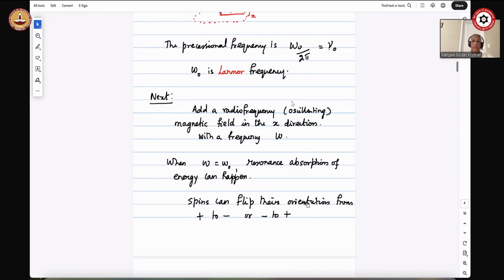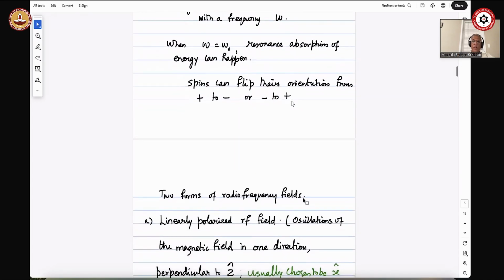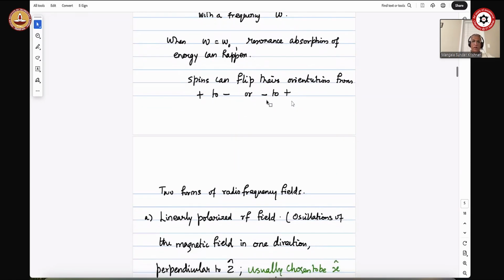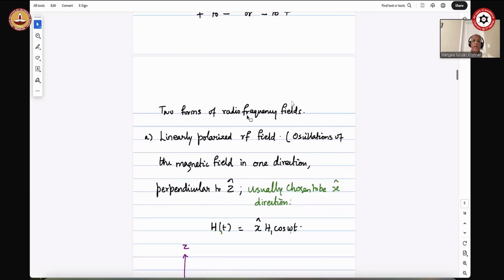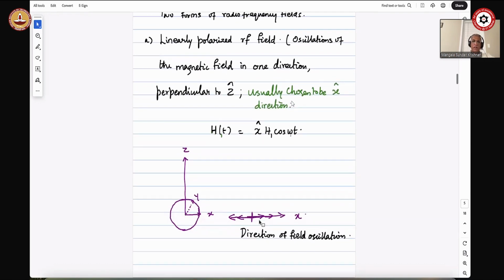So the spins can flip their orientation from plus to minus or minus to plus. And the field which causes this flip is the radio frequency magnetic field in the x direction, which is oscillating as cosine omega naught t. You can see that. The radio frequency field cosine omega naught t.